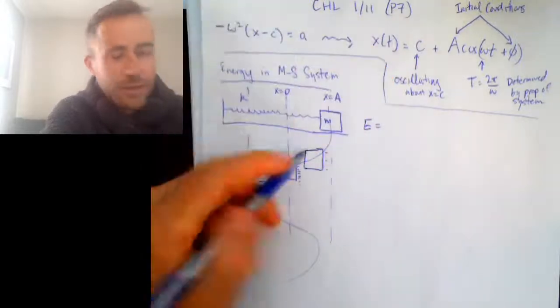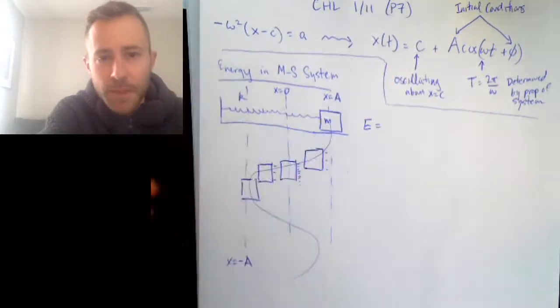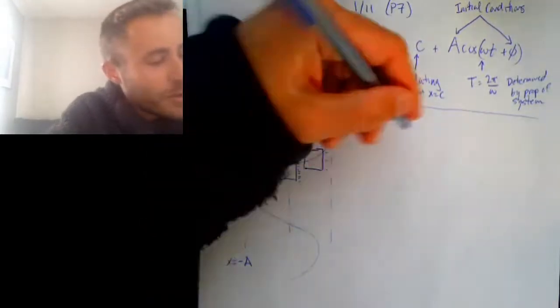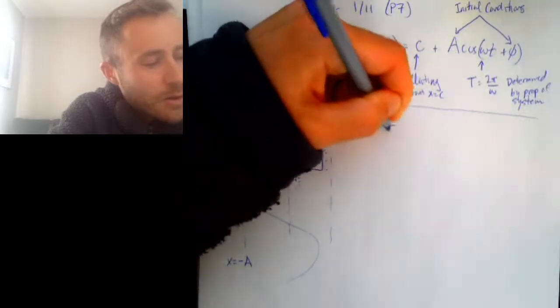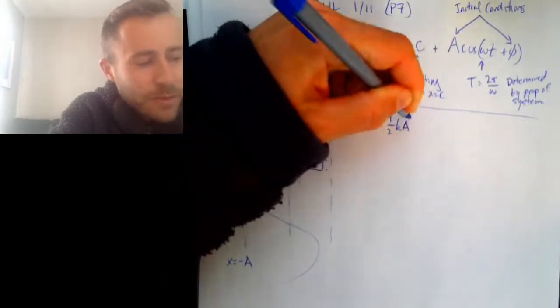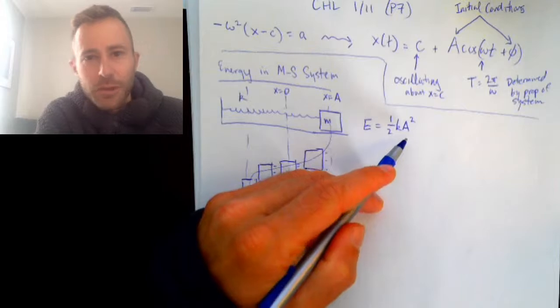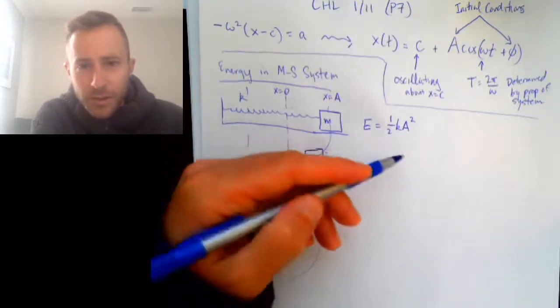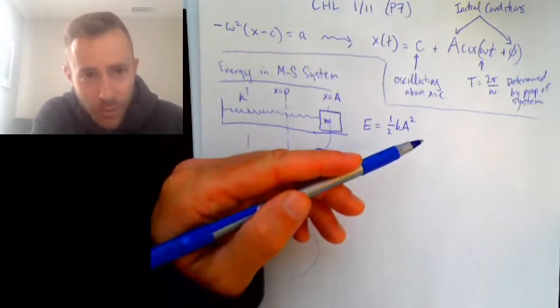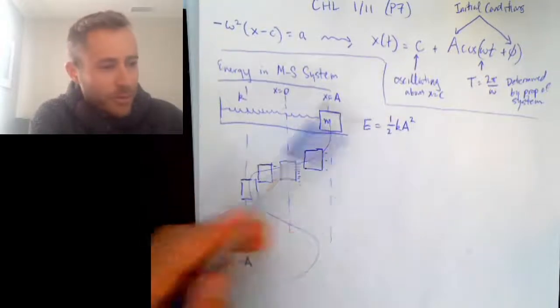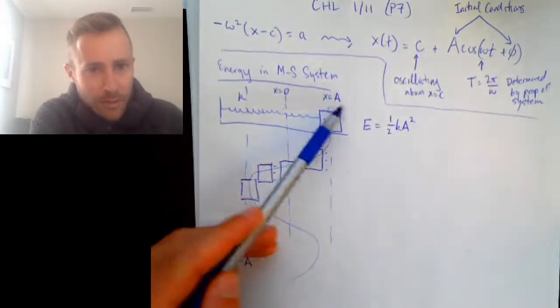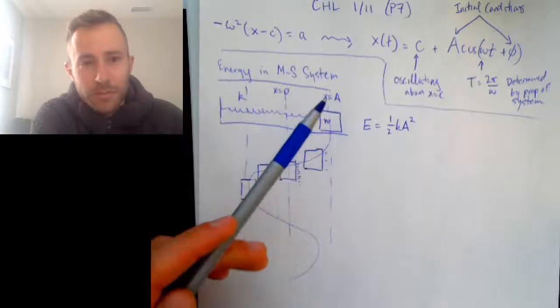So at this point in time, the energy is all elastic potential energy, so 1/2 K a squared. Recall the formula for elastic potential energy is 1/2 K x squared, but at this particular value of x, x is capital A.